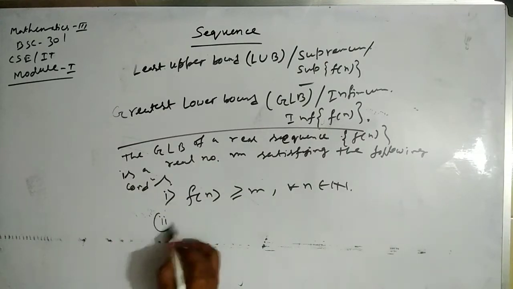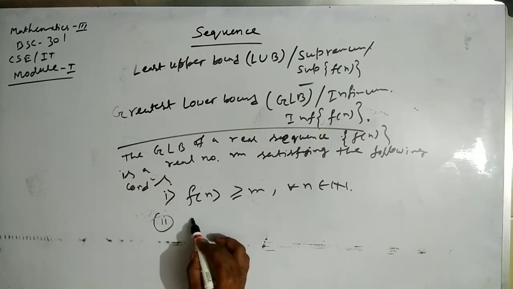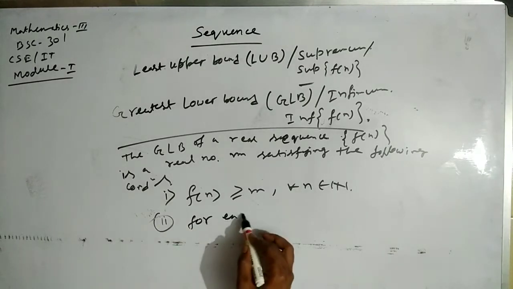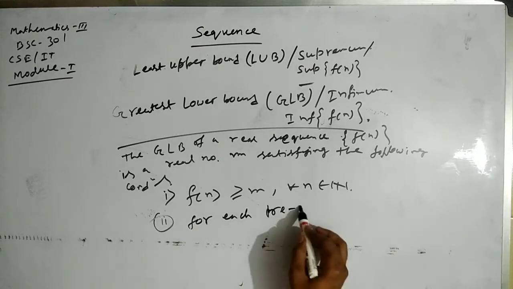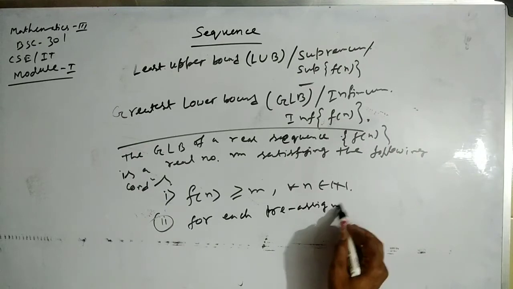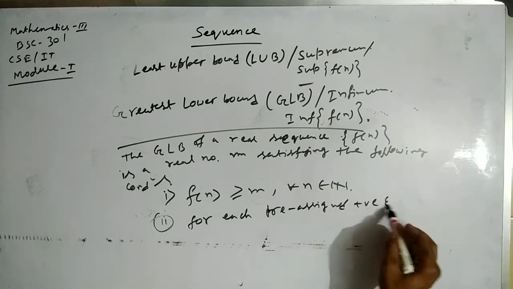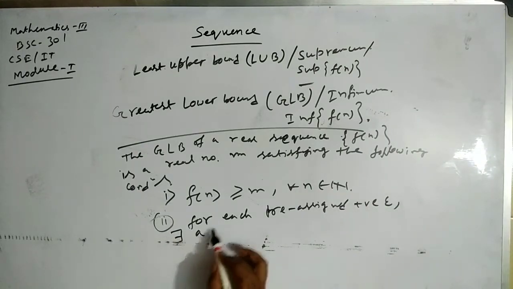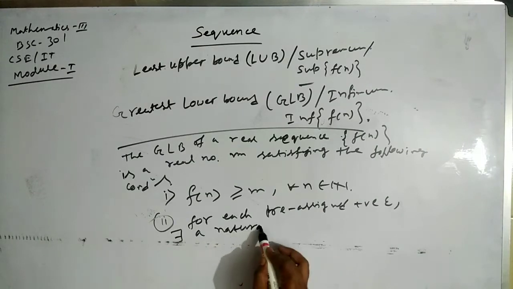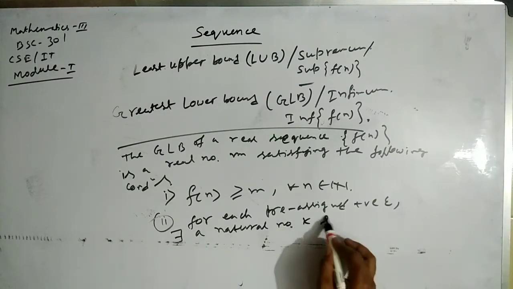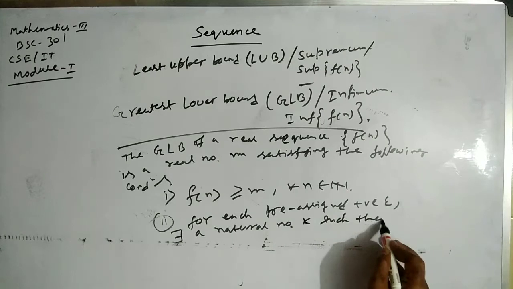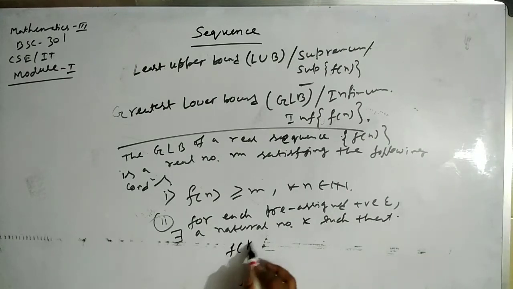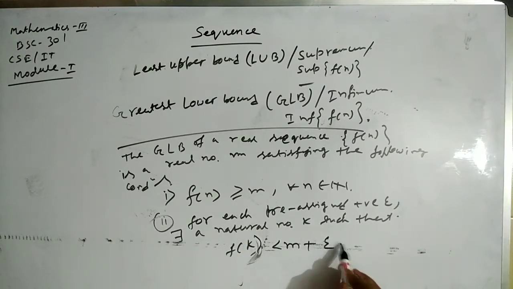And number 2 is, for each pre-assigned positive epsilon, there exists a natural number k such that Fk will be less than m plus epsilon.